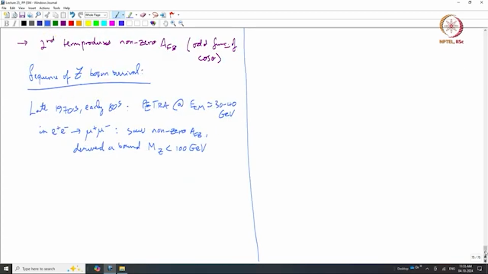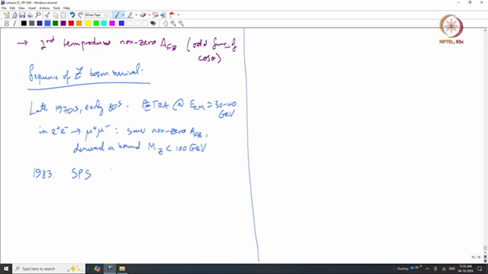Then in 1983, they explicitly built a collider called SPS. Okay. I think it stands for super proton synchrotron, but you can check this. Okay.